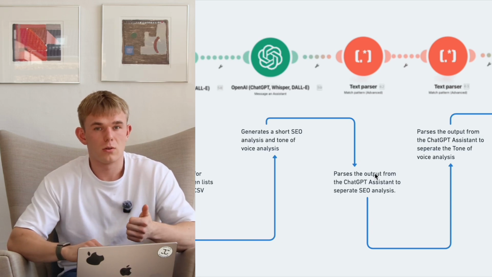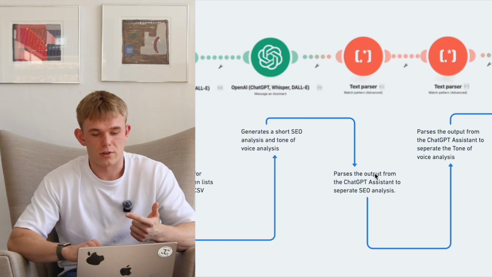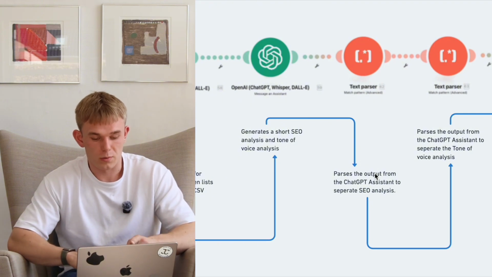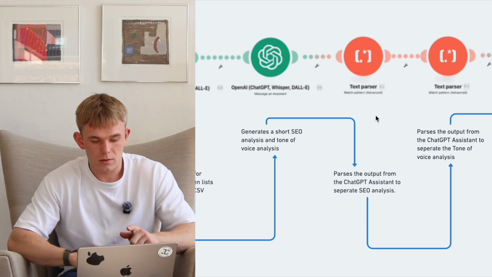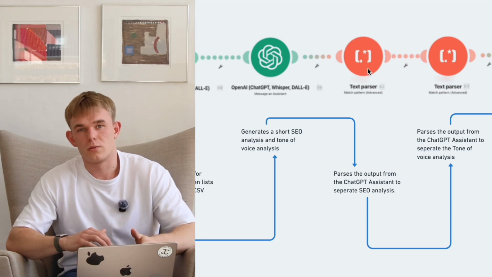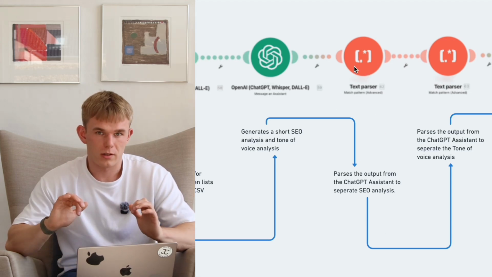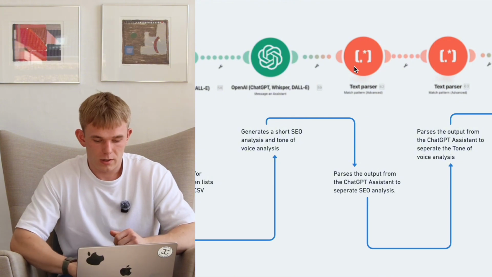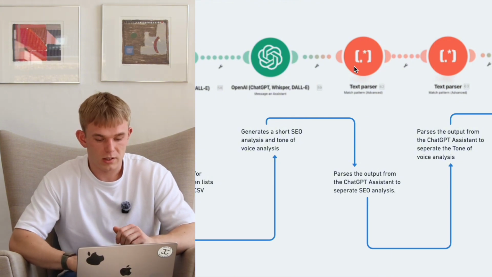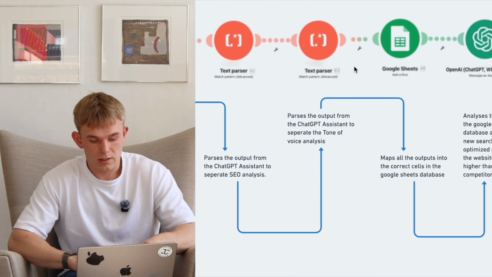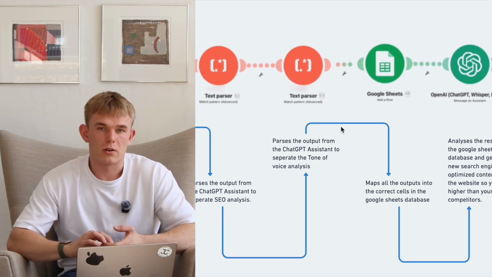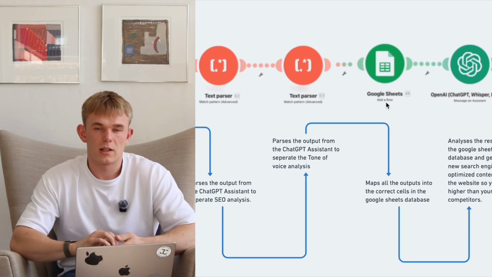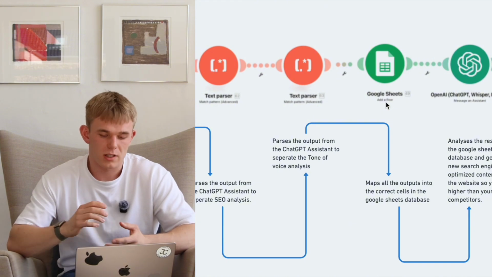So we use the text parser modules to separate these two analyses from each other. The automation then sends this text into Google Sheets, and we mapped it all out so the text ends up in the correct cells.